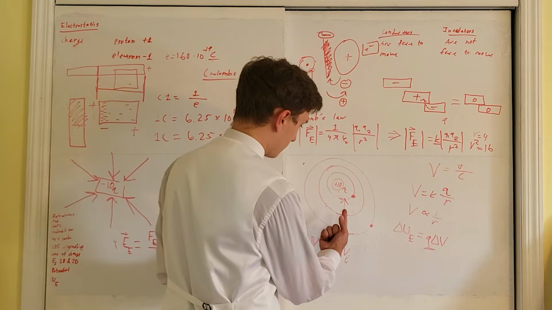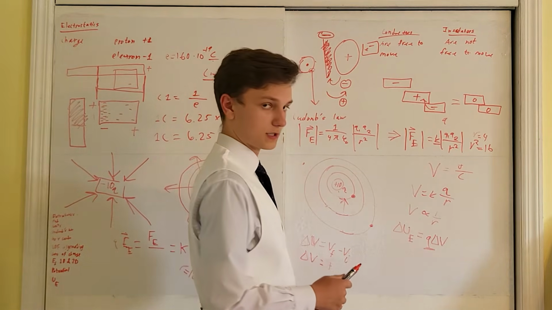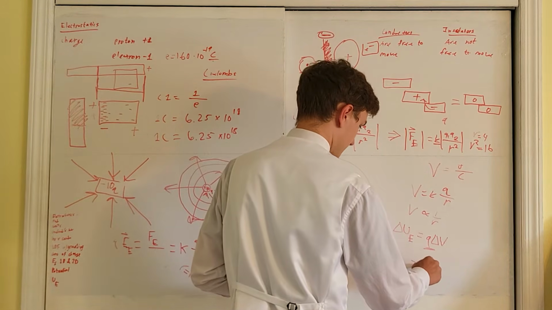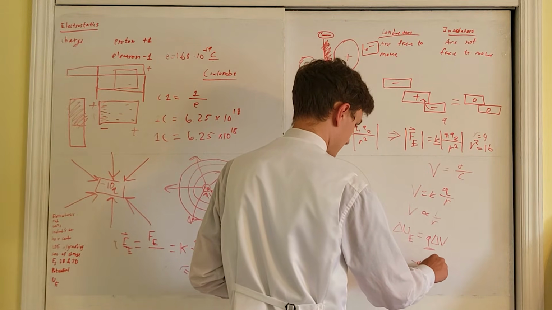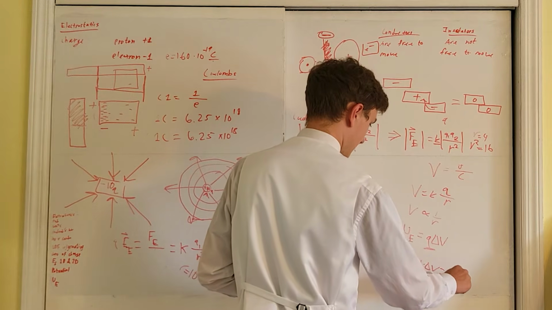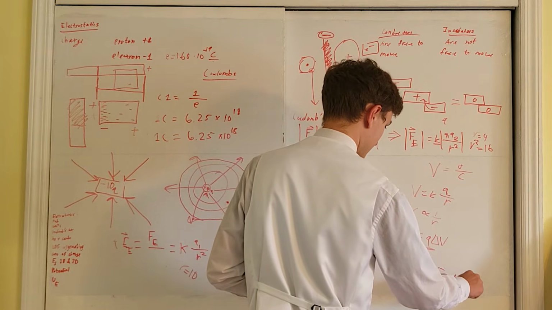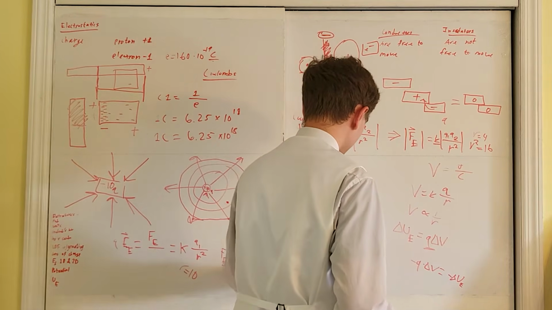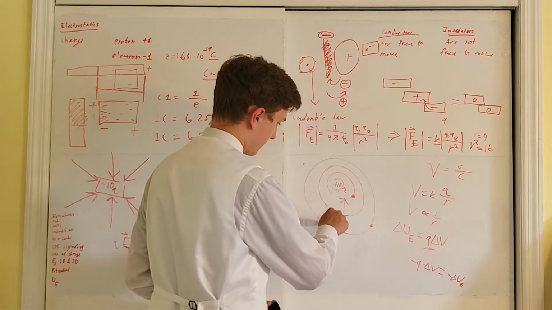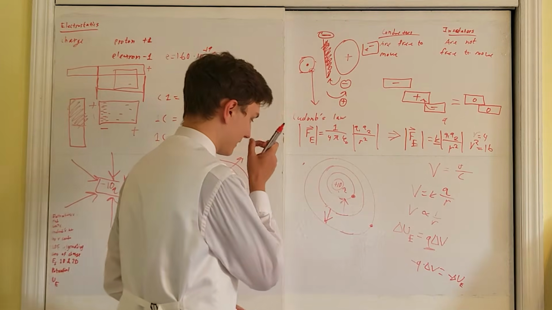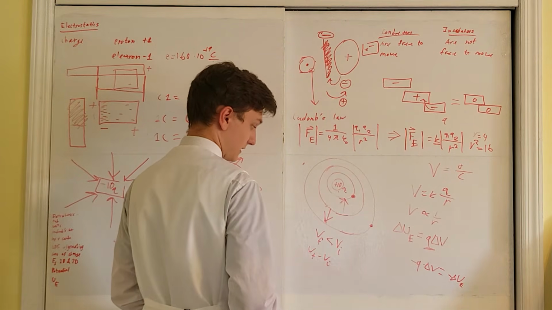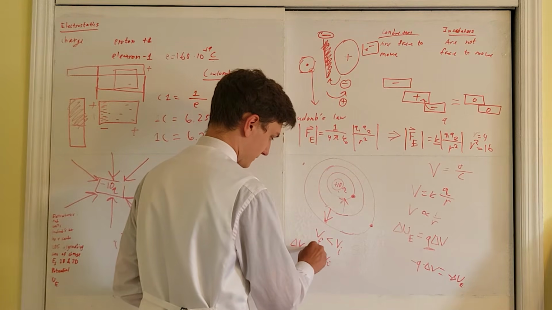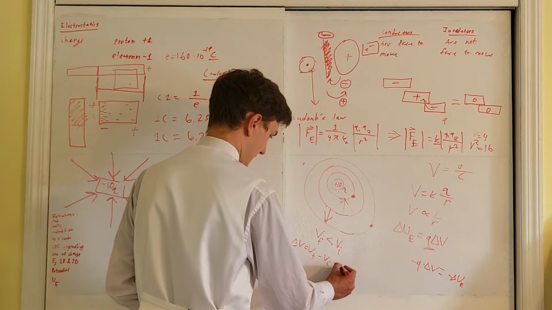What kind of particle would be moving this way, towards the center? That would be a negative particle. So a negative charge Q times a positive delta V would equal a negative change in potential energy. And the inverse is true for the positive particle. For a positive particle, you are being repelled, you're moving this way. Your final electric potential is less than your initial electric potential, therefore your change in electric potential is going to be negative.